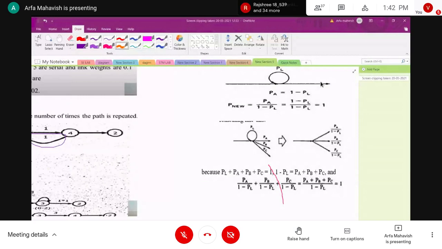Whenever you remove this, we get PA by 1 minus PL, PB by 1 minus PL, PC by 1 minus PL. Since PL, PA, PB and PC sum to 1, 1 minus PL equals PA plus PB plus PC. So the total is represented as 1. This is what we do in the loop.